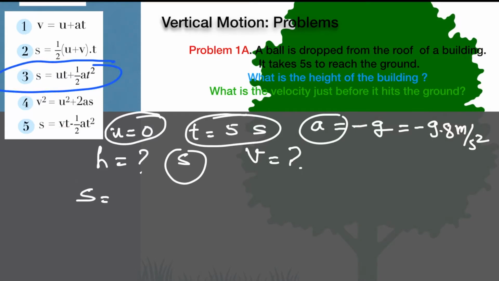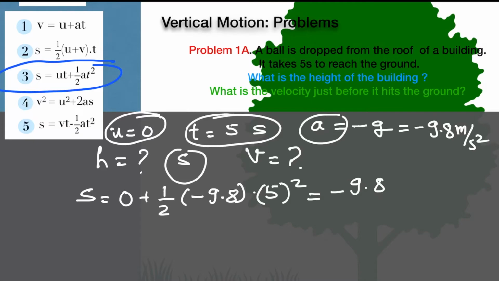s equals u t, which is 0, plus half a t squared, where a is minus 9.8 and t is 5, so 5 squared. This becomes minus 9.8 divided by 2 multiplied by 25.